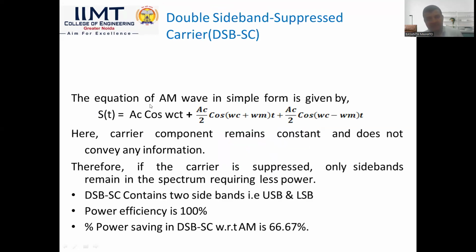Okay. Next, here is double sideband suppressed carrier, DSB-SC. After transmission, we have to select what type of signal we can transmit. If we talk about the actual AM wave signal, s(t) is equal to Ac cos omega_c t and so on. So you have three parts.